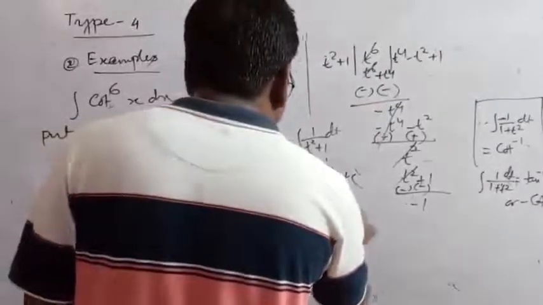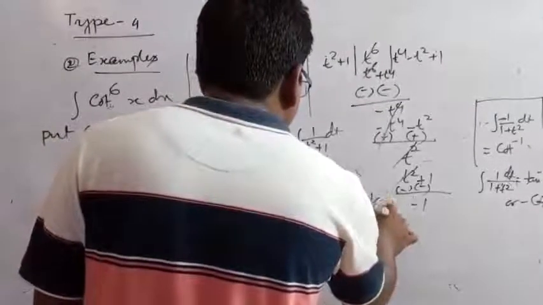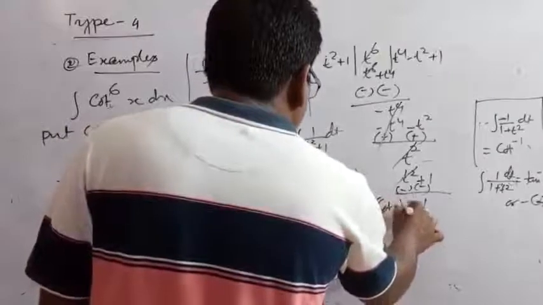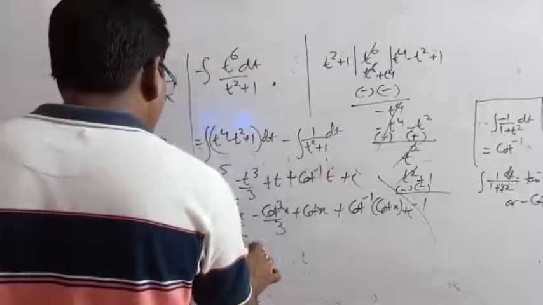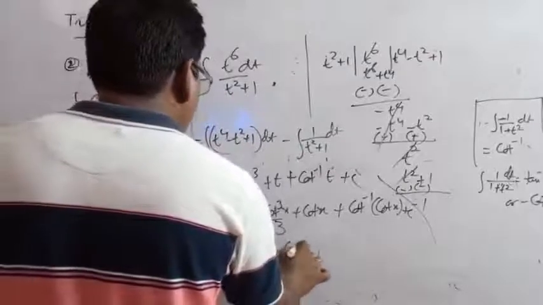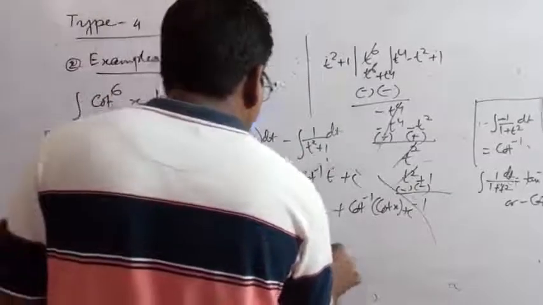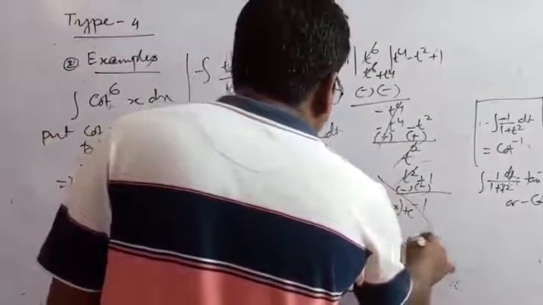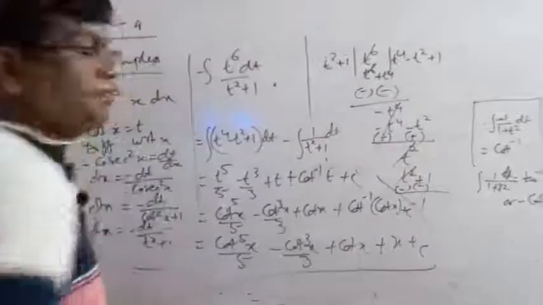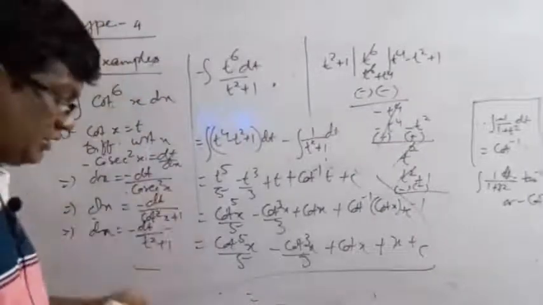This is equal to cot to the 5 x by 5 minus cot cube x by 3 plus cot x plus cot inverse of cot x, which is x, plus c. This is the final answer of the cot integration.